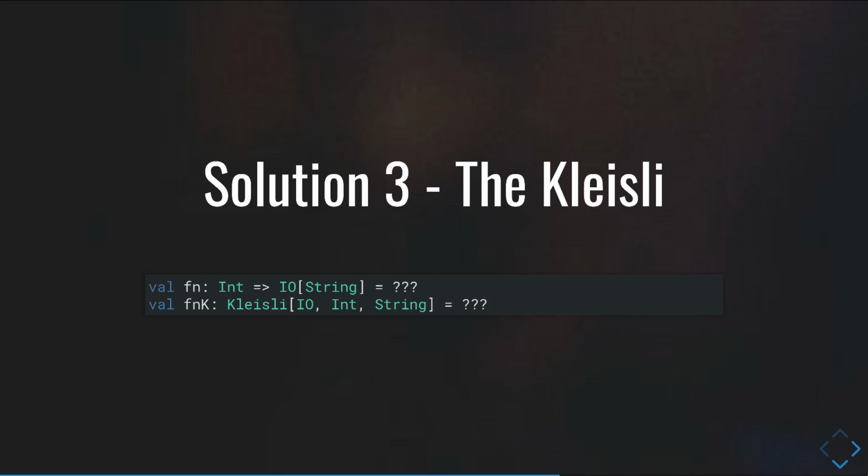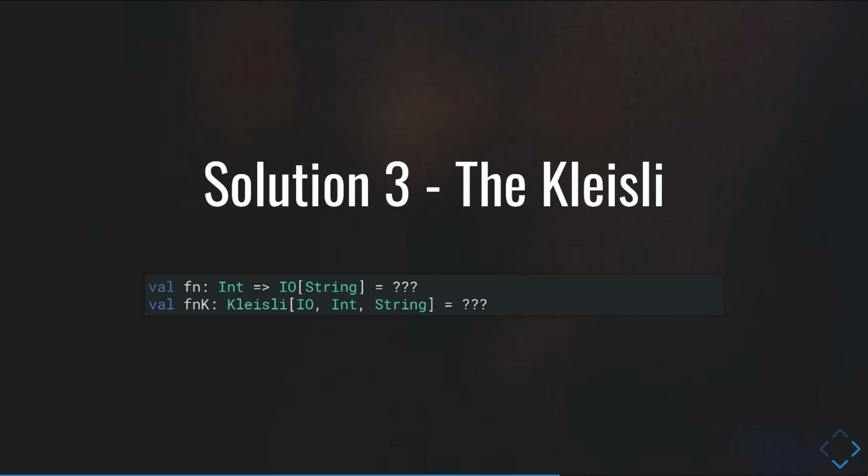If we have a function with a signature of int to I/O of string, then when we lift that into the context of a Kleisli, again, another monad, turtles all the way down, we get a signature of Kleisli I/O int string.